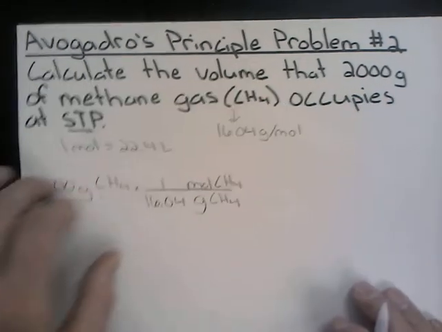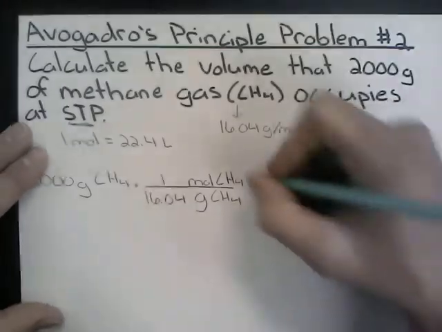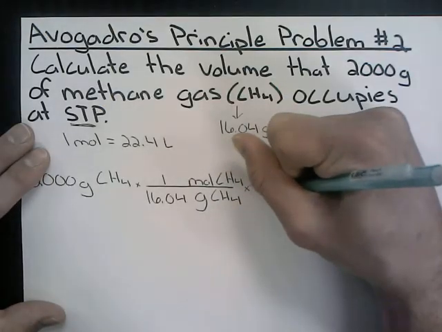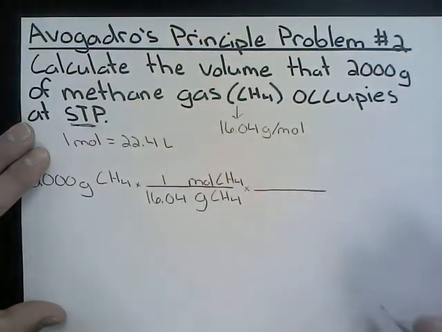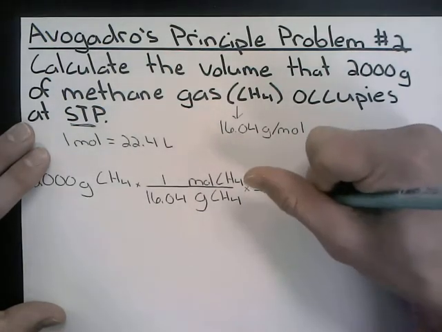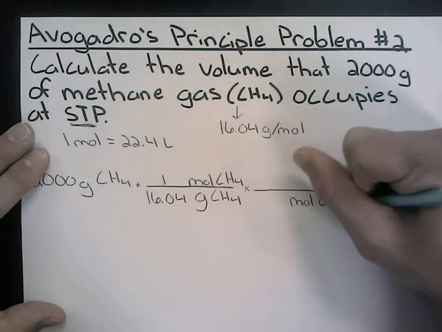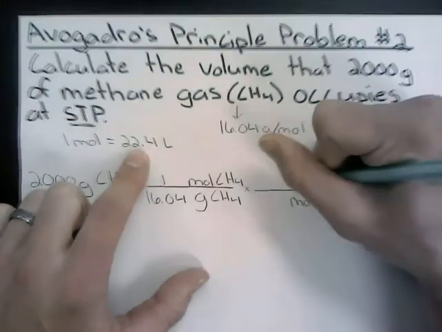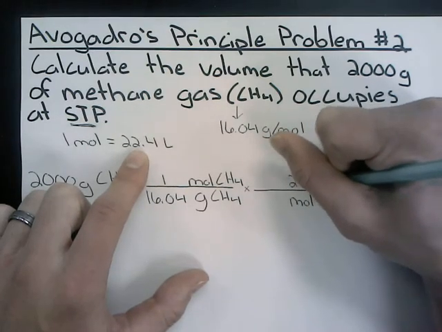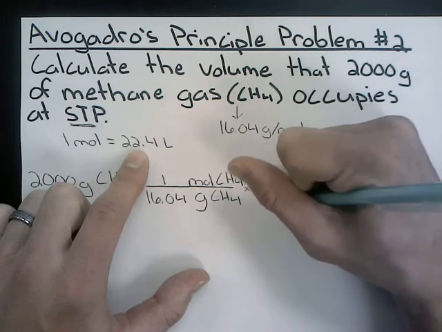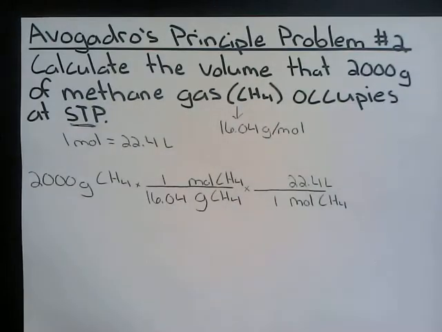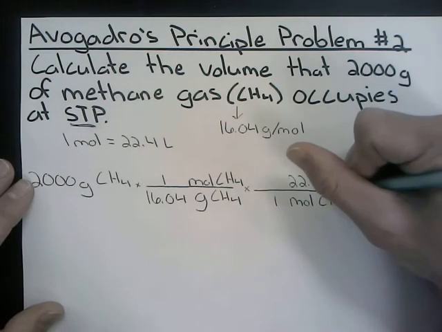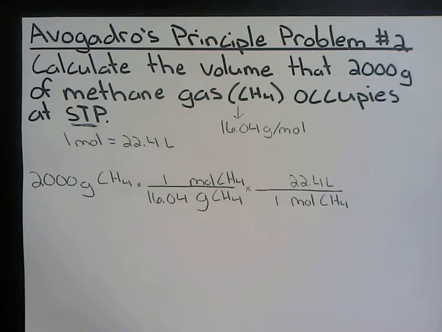Now we're not quite done because we want the volume of the gas, and so what we need to do is we need to cancel again our units of moles CH4. And looky here, we can use our Avogadro's Principle to put 22.4 liters on top. That is for every 1 mole. Okay, so now what we're going to do here is this.